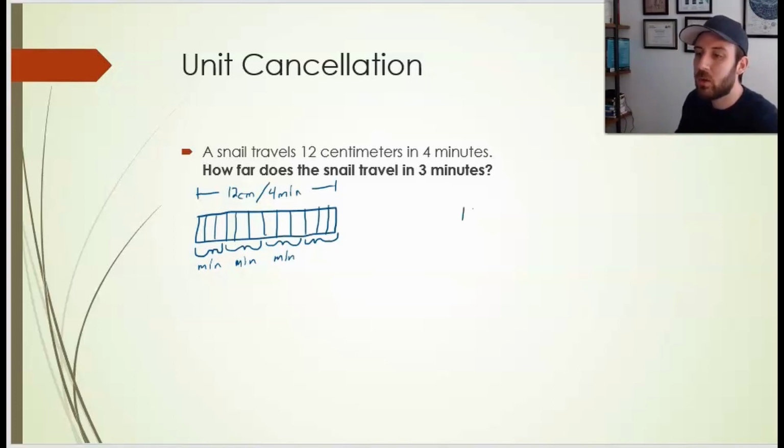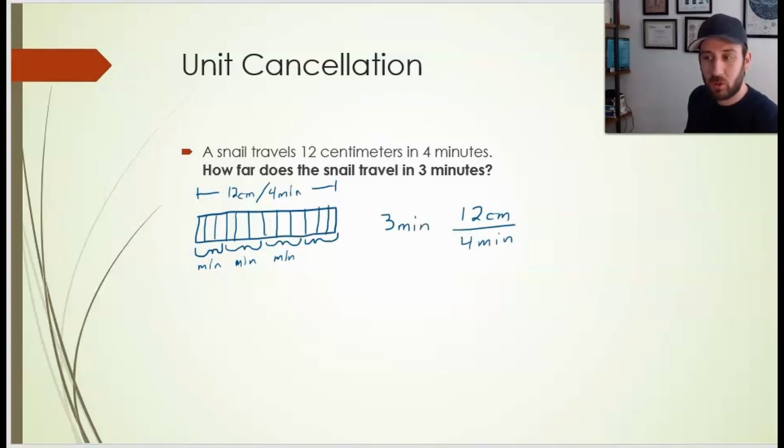We know that we have 12 centimeters over 4 minutes, and that's because we've traveled 12 centimeters across 4 minutes. Now, if it asks, how far do we travel in 3 minutes? Well, that's another truth that we have. Let's write that down. We've got 3 minutes.